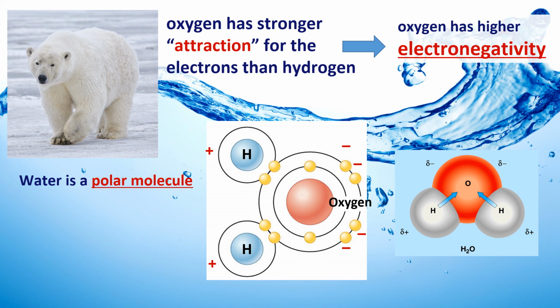It's going to pull those electrons from the hydrogens. And so really all that's left hanging out there with the hydrogens is just the hydrogen nucleus, which is one proton, one neutron. And so you get this positive charge on the hydrogen side and negative charge on the oxygen side. So we get poles just like in a magnet or on the planet.